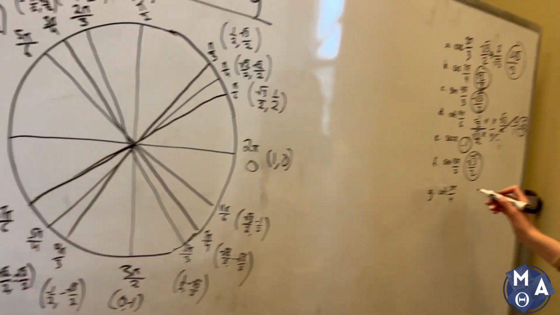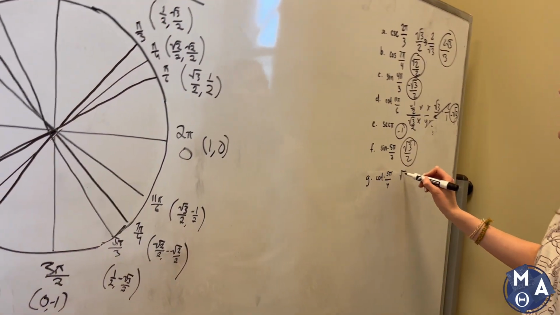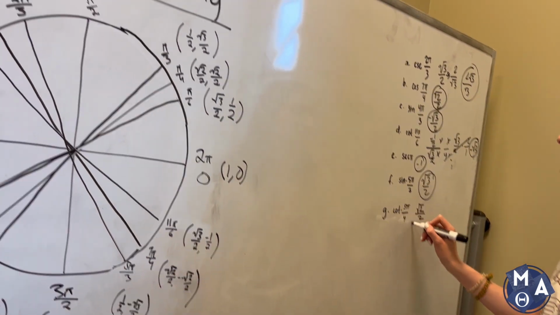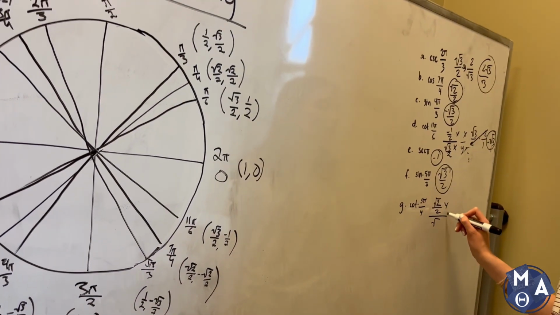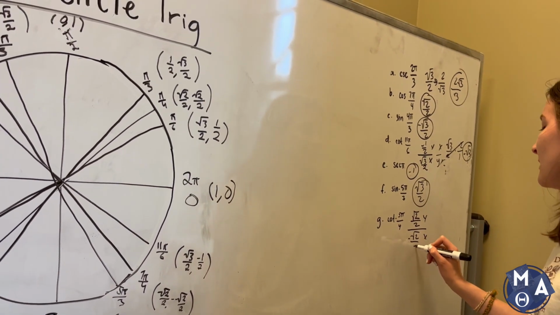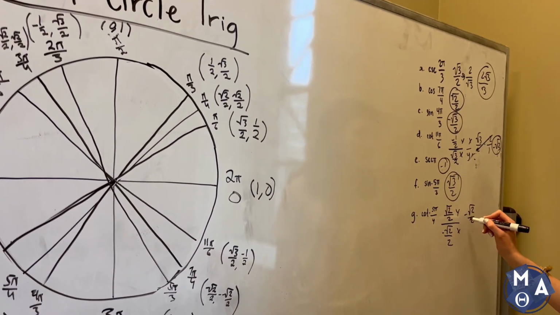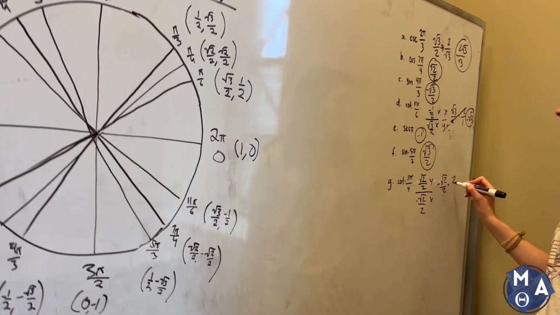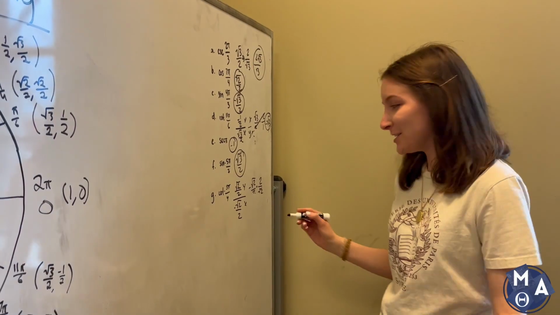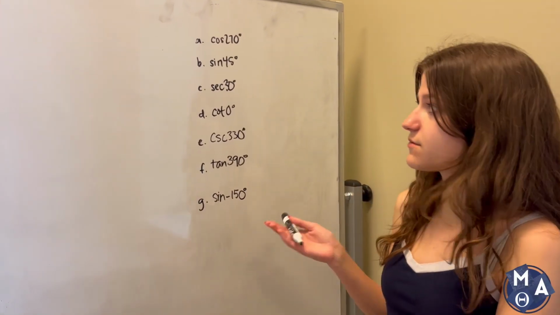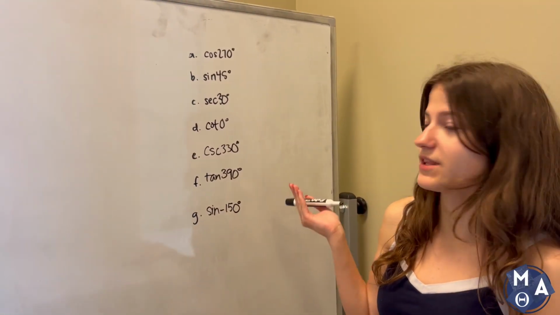That would be tricky because once again, we need to do tangent first. This is our y over x, and then we flip it, which equals negative 1.